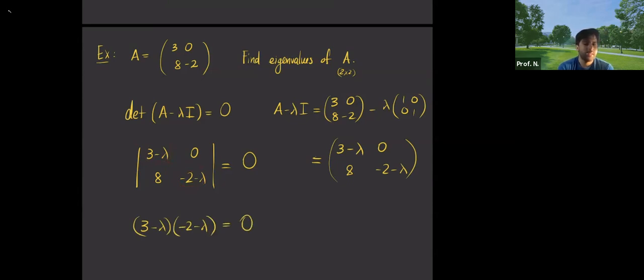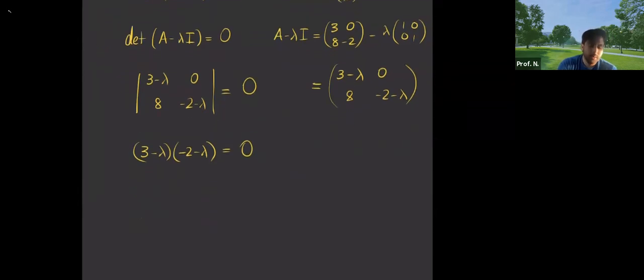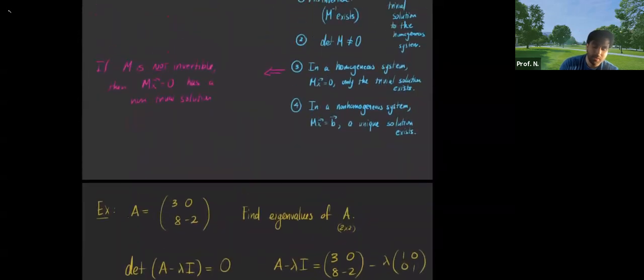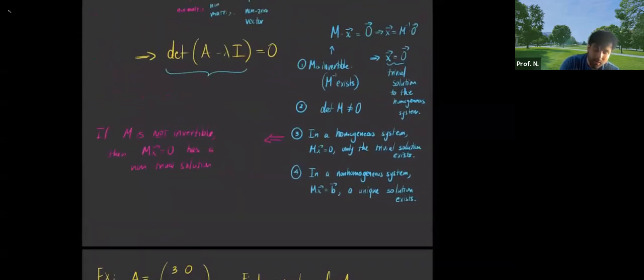What's nice about this is I already found the characteristic polynomial. So when you actually evaluate the determinant, this gives what's called the characteristic polynomial of A. Wait.